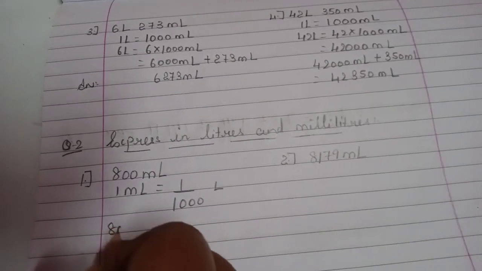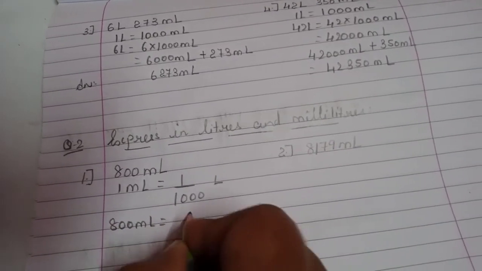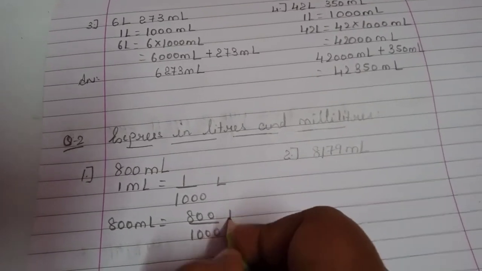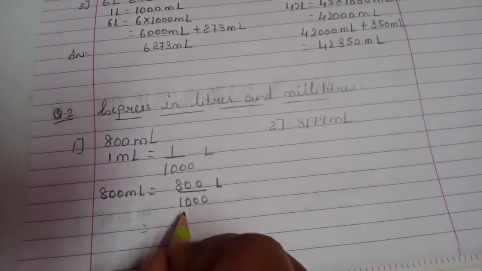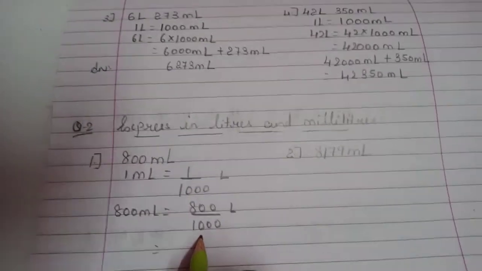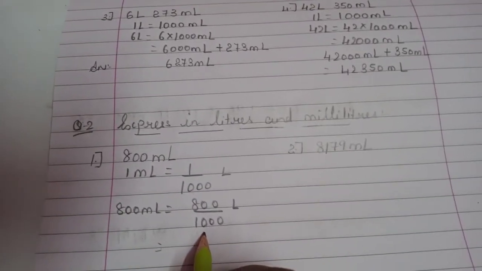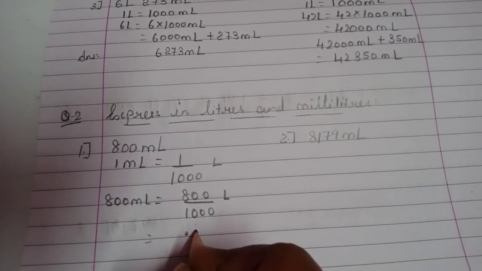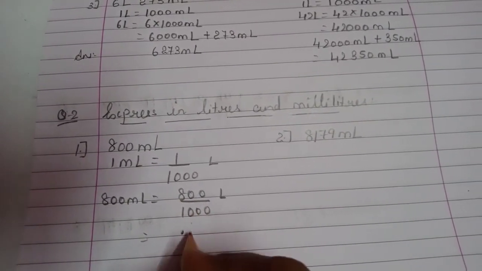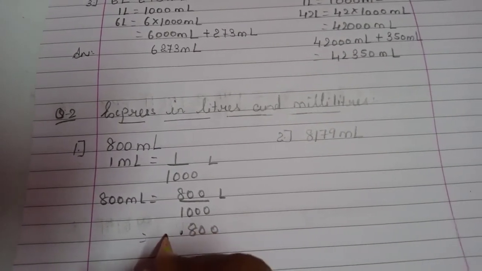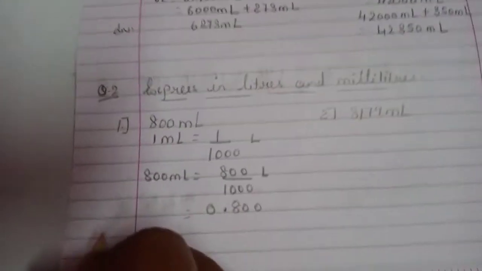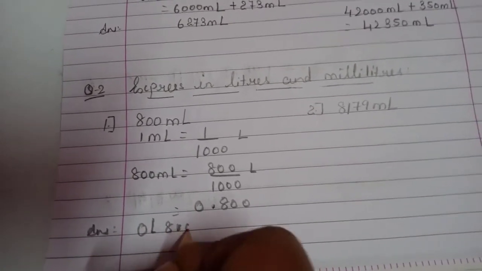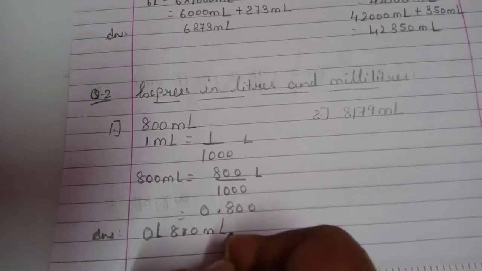So 800 milliliter equal to 800 divided by 1000 liter. 1000 has how many zeros? 3 zeros. This we have to convert in decimal. So after the decimal point we want 3 digits. 800 is the 3 digits, so before that we will write 0. So our answer is 0 liter 800 milliliter.